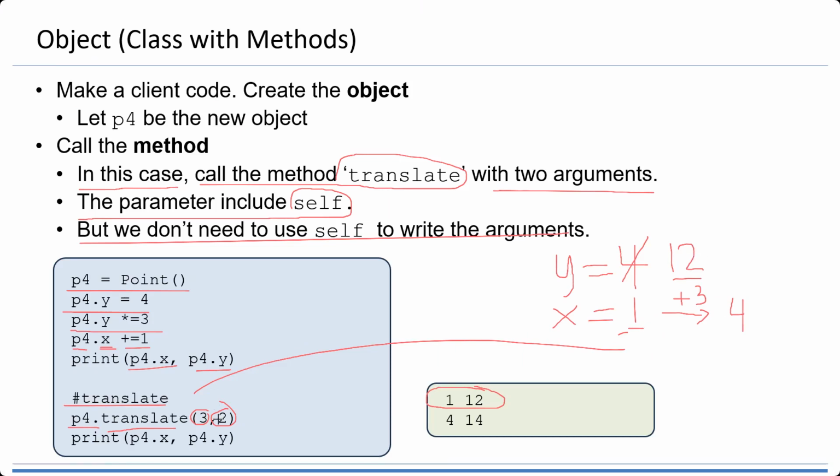And then y, it is 12. It will be translated into a new value. After we do the plus 2, it becomes 14. Then the new value of x in the object P4 is 4, and the y in the object P4 is 14. And when you print those two values, the result will be 4 and 14.